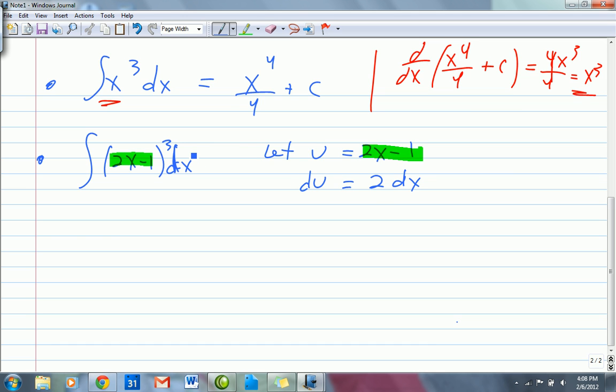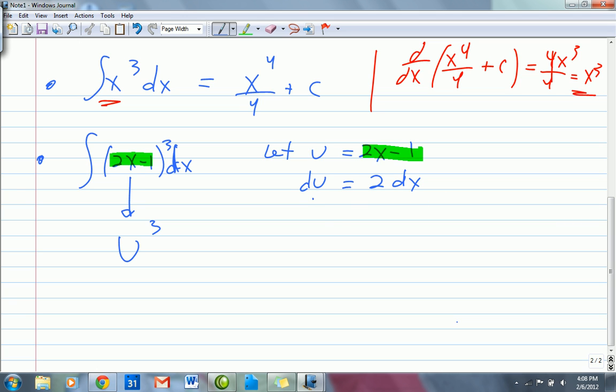What I can do now, however, is substitute. If u is 2x minus 1, then that becomes u cubed, and I'm left with a dx. And dx is, if I solve for dx here, half of du.